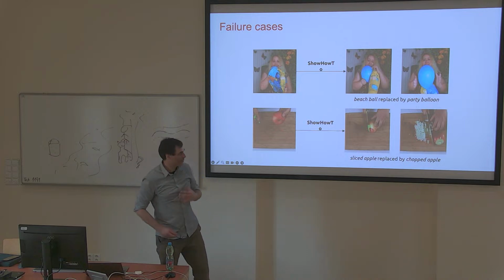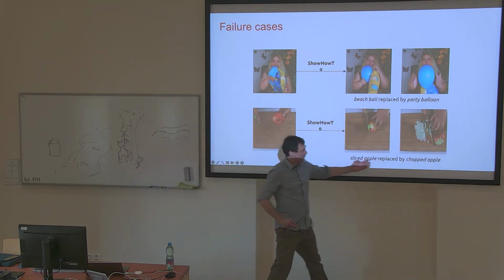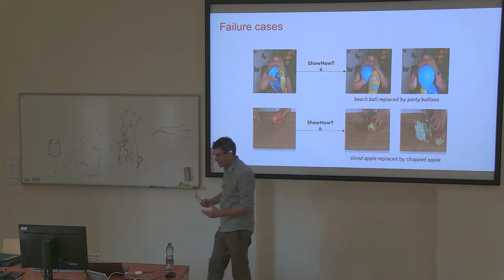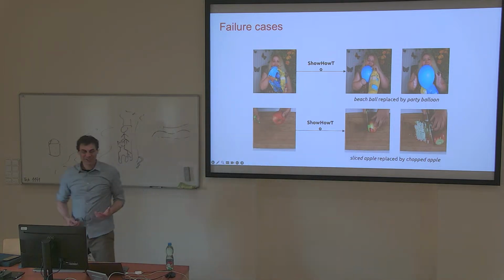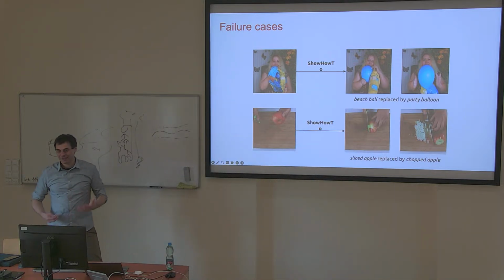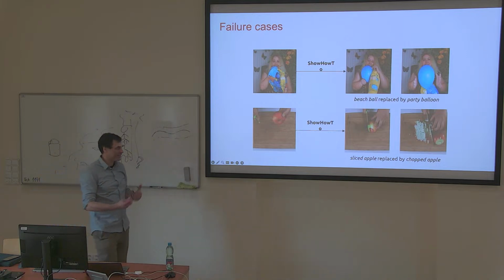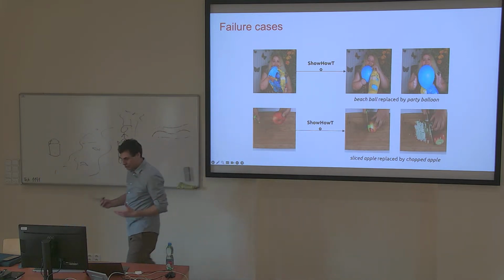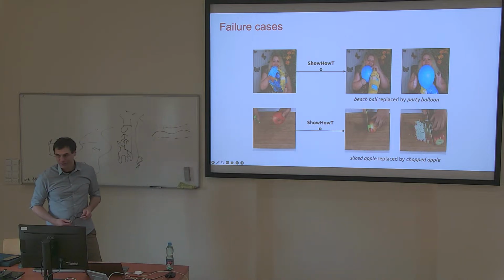It has seen sliced onions. So it slices the apple like you would an onion. You get things like this if your test setup is not quite matching what you have in training. So this can happen. Basically it's not perfect.